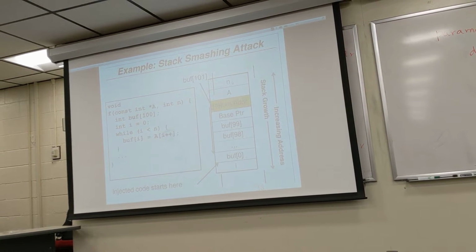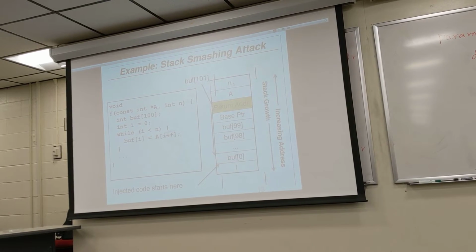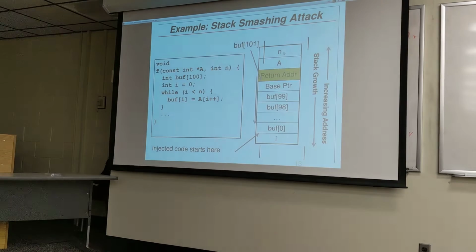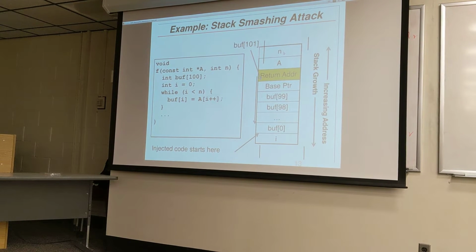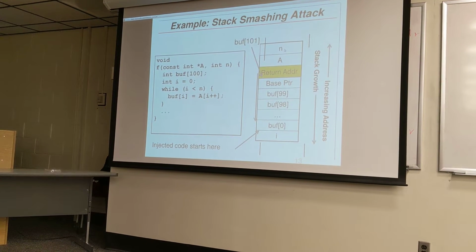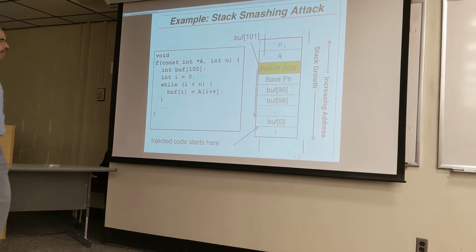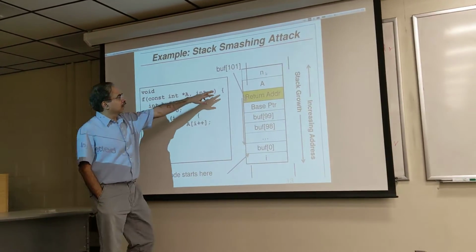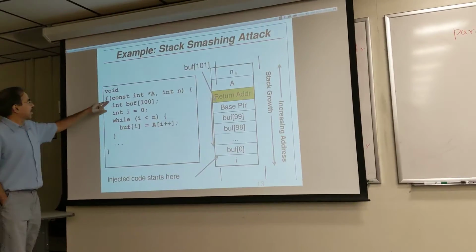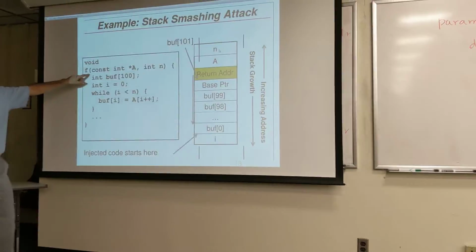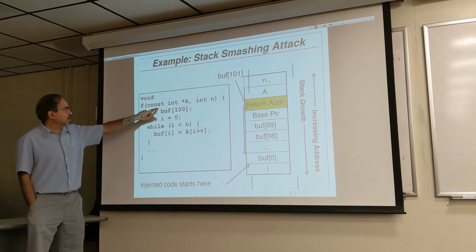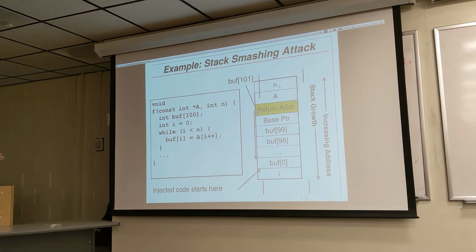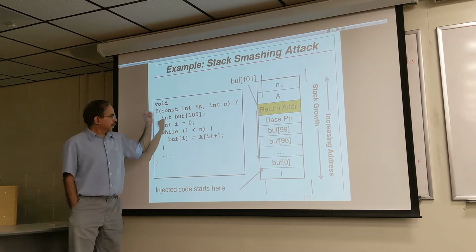So that shows you how a buffer overflow or a stack smashing attack works. So here's a function f. F takes two arguments. The first one is a pointer to an integer.